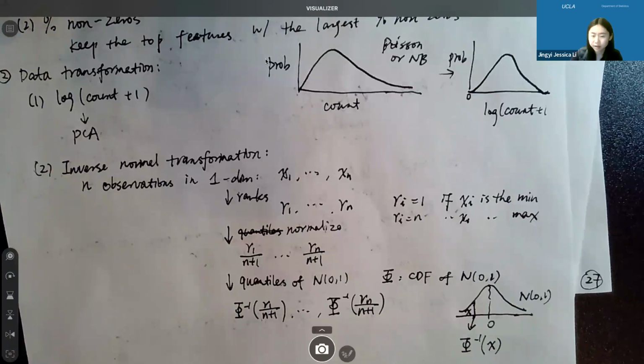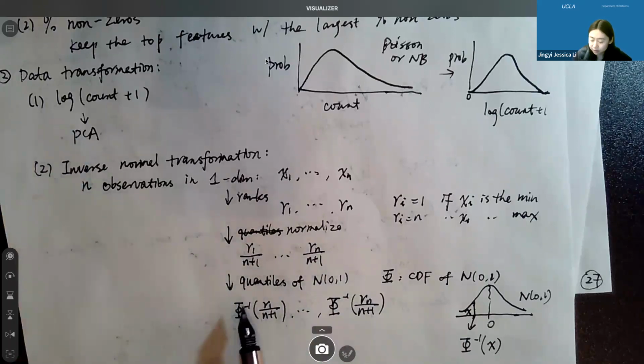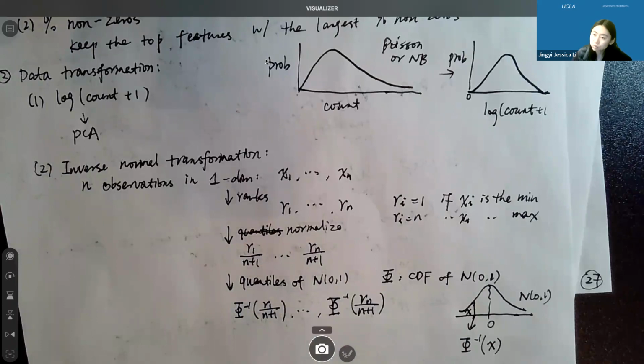For example, if you want to apply some well-defined or popular method, but somehow your data doesn't satisfy the assumption about the data distribution in that method, one way is to modify your data by running a monotone transformation. Like here, the log transformation and this inverse normal transformation are both monotone. You preserve the ranks, and you can make the distribution satisfy that method's assumption, so then you can use the method.